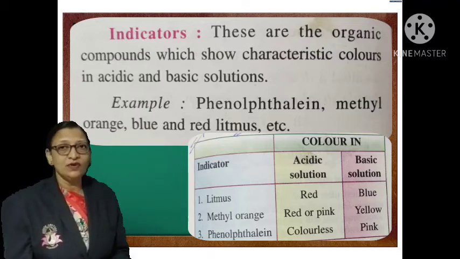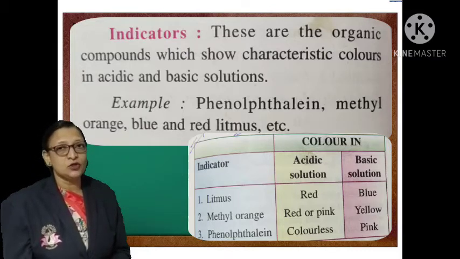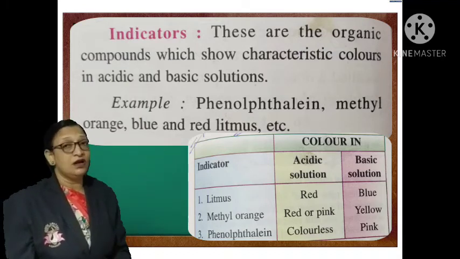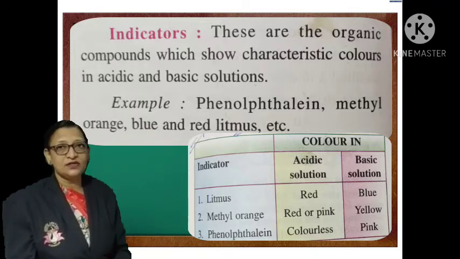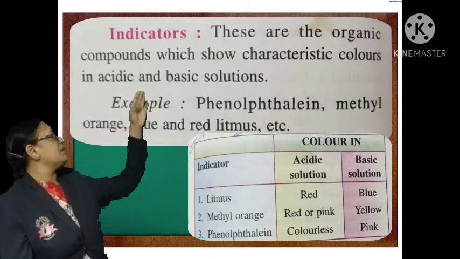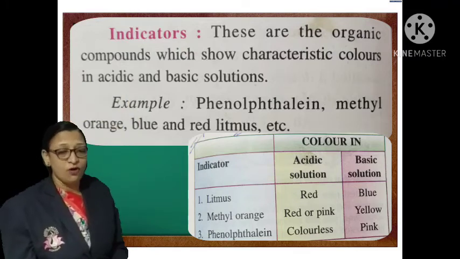It means when you add a few drops of any indicator into an acid or a base, it will show a color change in that solution. When these colored substances react with each other, their characteristic color also changes.